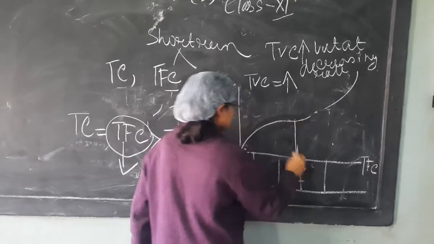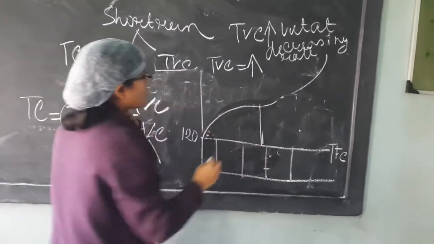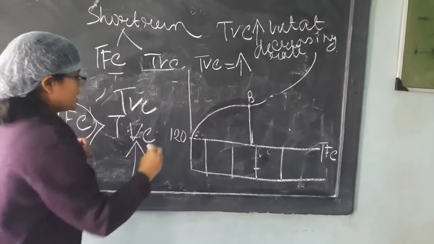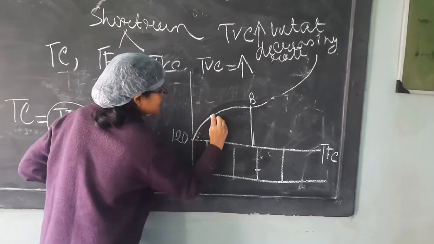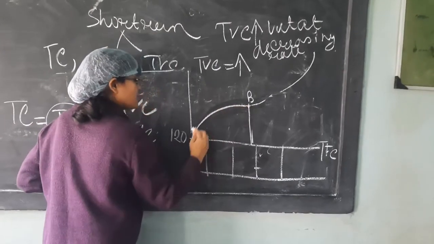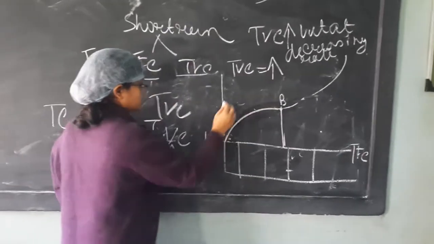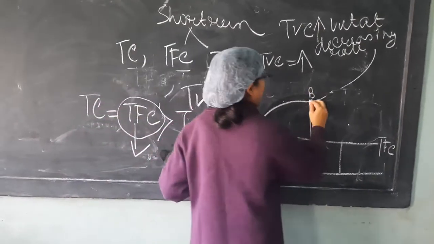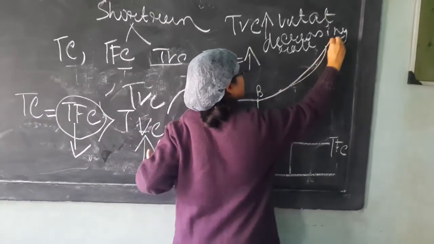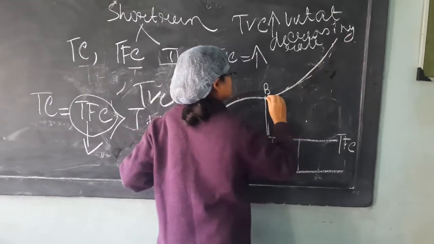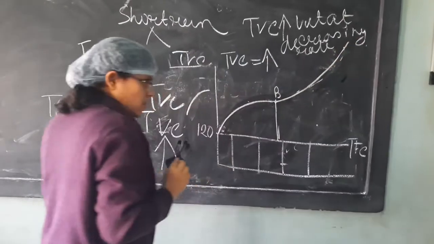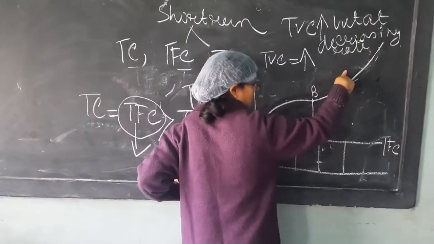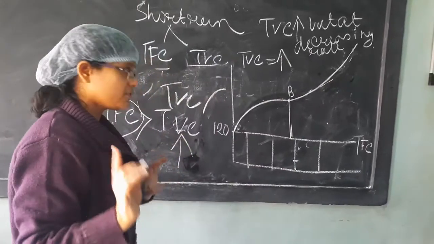Follow this way. See, the shape of the curve will change after the point B. See here I have drawn the curve this way. After crossing B, I have drawn the curve in this way. It is called the convex part and it is called the concave part. That I will teach you afterwards.